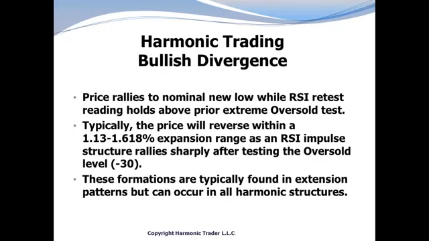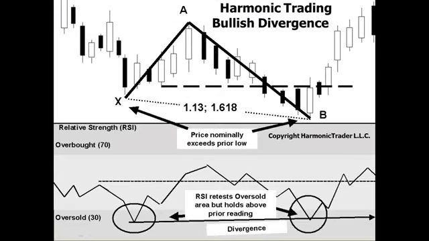Now, these formations are typically found in extension patterns, but can happen and can occur in all harmonic structures. And we'll look at some examples here in a second. But here is the illustration, and this is a powerful technical development.